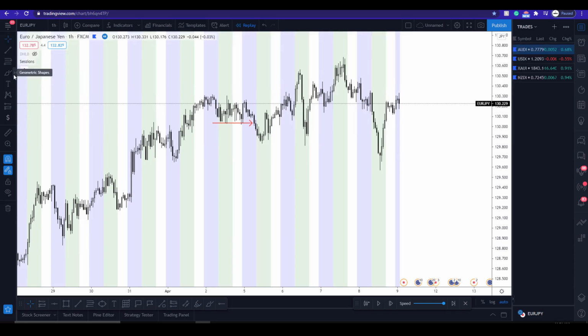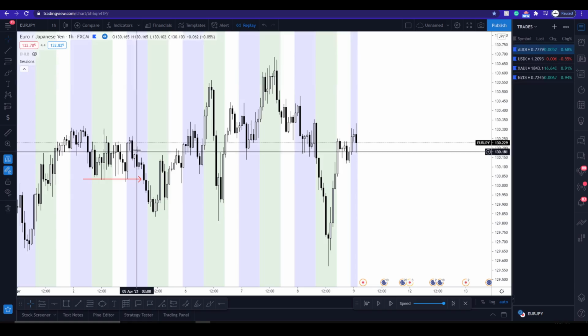For example, Euro USD, Euro JPY, GBP USD. And if you want to trade New York session, you're going to have to be trading USD pairs such as USD CAD, USD JPY, USD CHF. And if you want to trade Asia session, trade Asian pairs such as USD JPY. I think CAD CHF is one. Yeah, you can trade CAD CHF. There's a bunch, it makes sense, just trade the pair that lines up with the session.